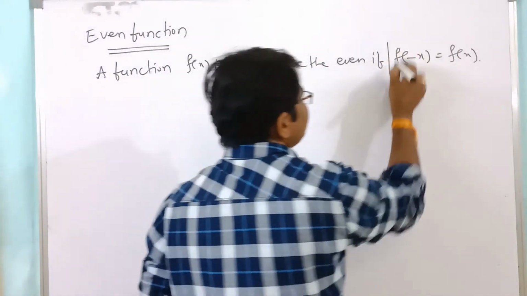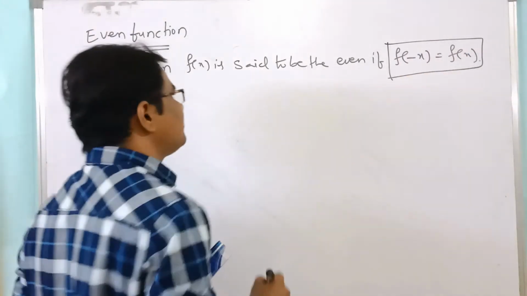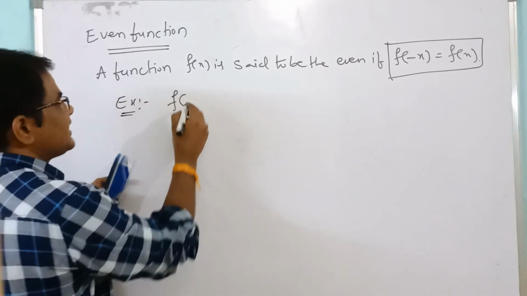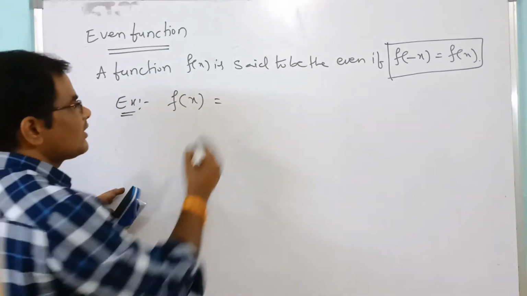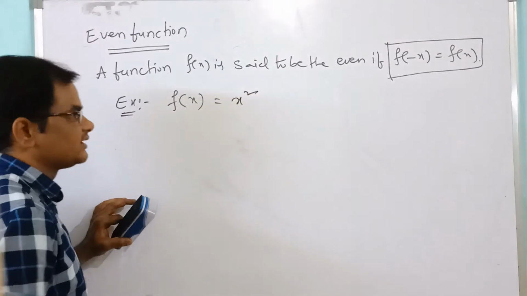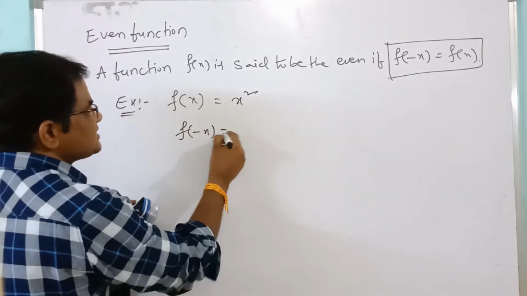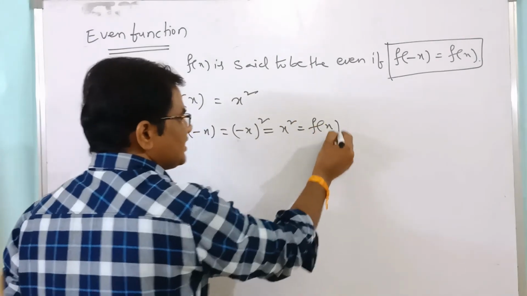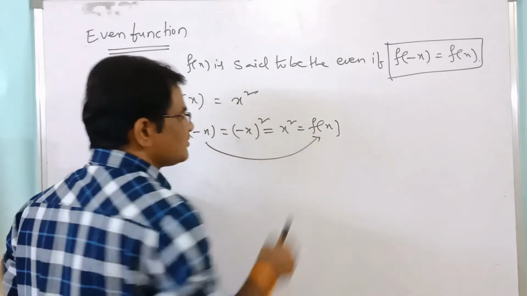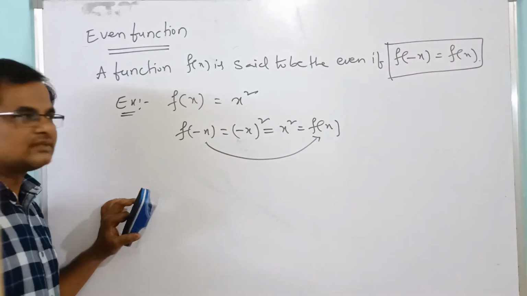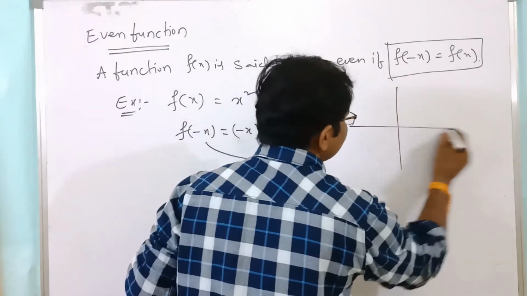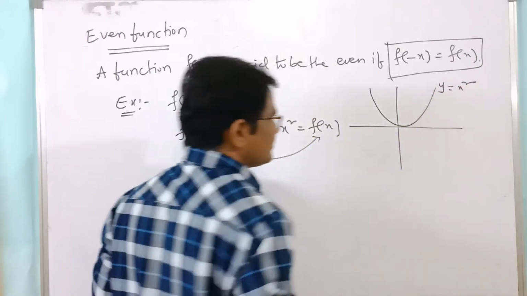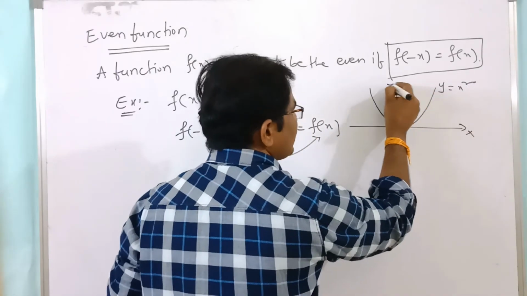Example: suppose you take f of x equal to x square. Then f of minus x is minus x whole square, which is equal to x square, which is f of x. So f of minus x equals f of x. If you draw the graph like this, this is the y equal to x square graph, with x axis and y axis.